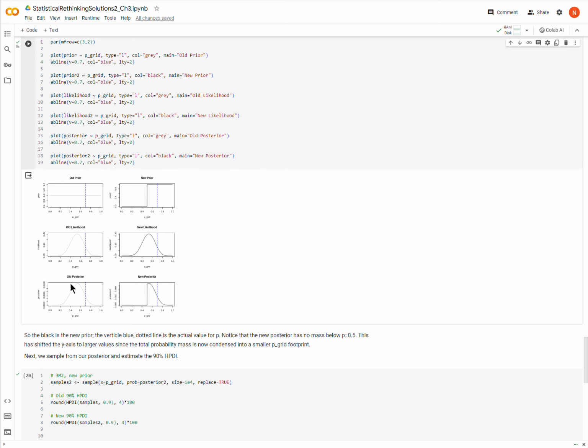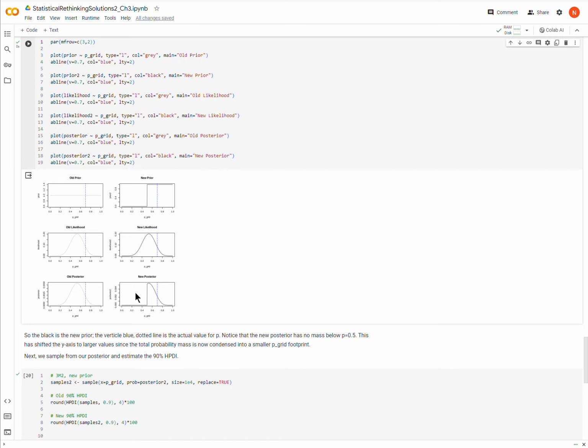The other thing to notice here is that because this new posterior distribution assigns 0 probability mass to values of p less than 0.5, all of that probability mass gets shifted over to where there is probability mass allowed. Even though you can't visually see it to scale here, if you look closely, the y-axis values representing the posterior probability density are much higher than the values for the old one.